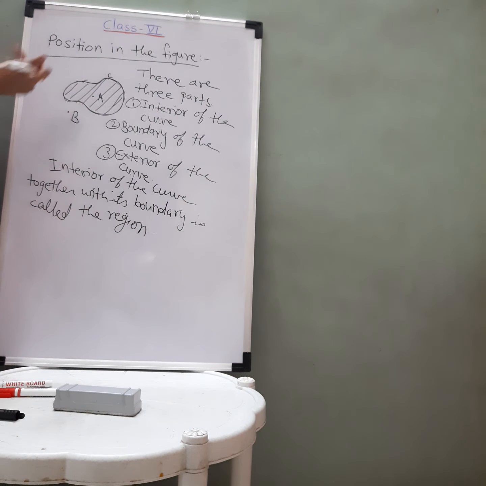That is, we can say that point A lies in the interior of the region, point B lies in the exterior, point C lies on the boundary of that curve.